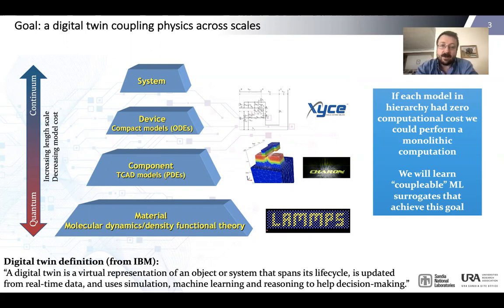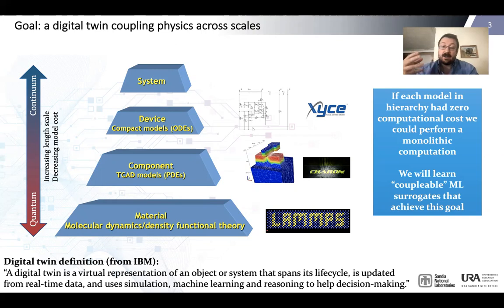At the device level, we think of compact models, Kirchhoff's laws, which are encoded in systems of ODEs to solve, and so on up until you get your system scale model. Each one of these things is very expensive, so a single one of these rungs of the ladder would be a massive supercomputer simulation.